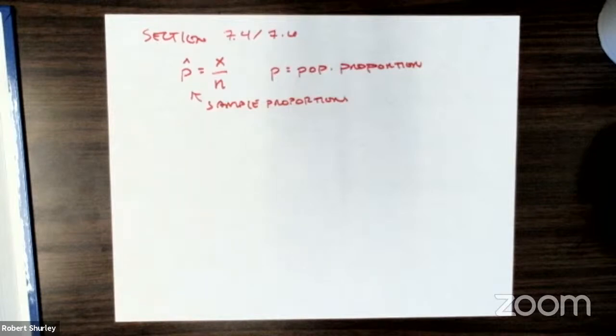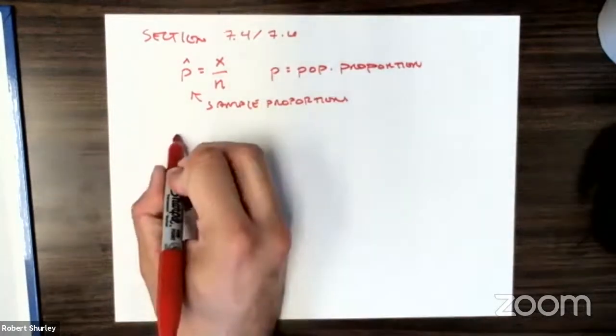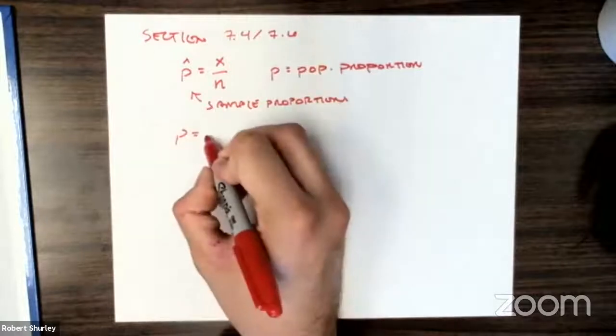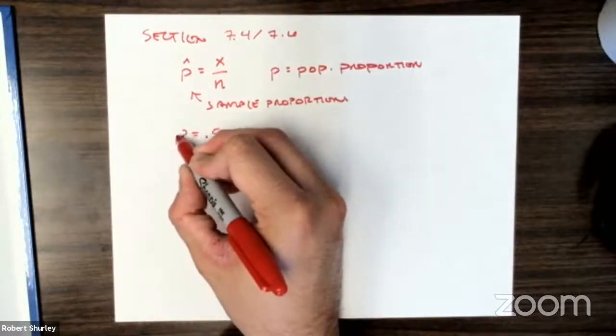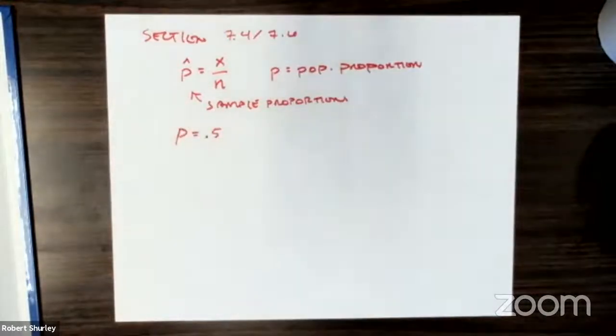Because the coin is fair, the probability that it lands on heads each time is 0.5, so you've got a 50% chance it lands on heads. So let's go through this example. The population proportion of heads, p, is going to be 0.5 because it's a fair coin.